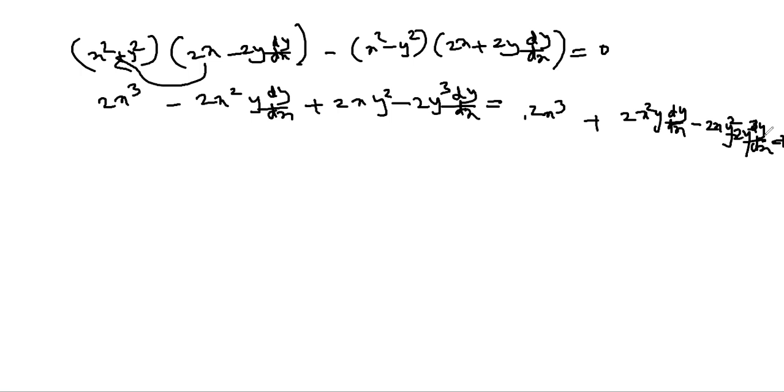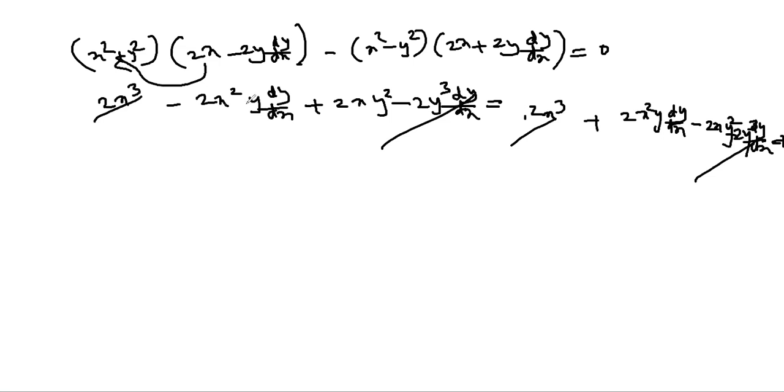Now the minus 2x cube and the plus 2x cube cancel.